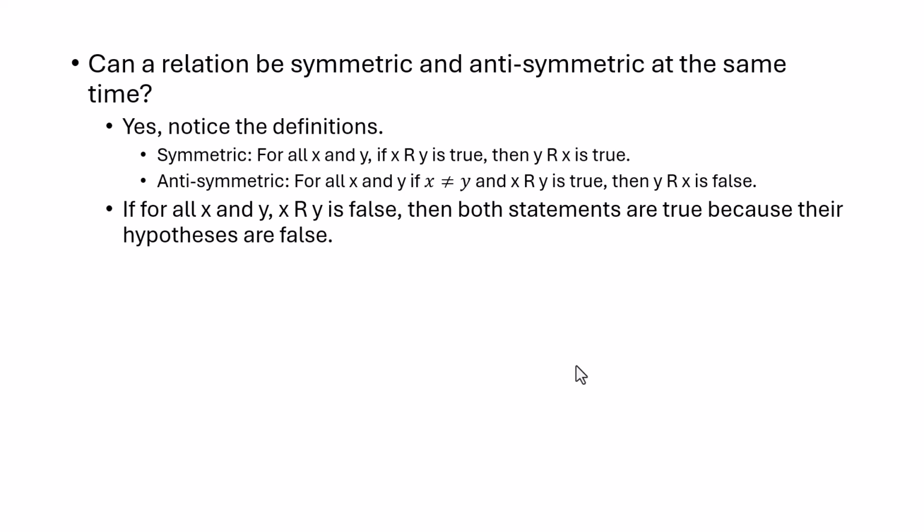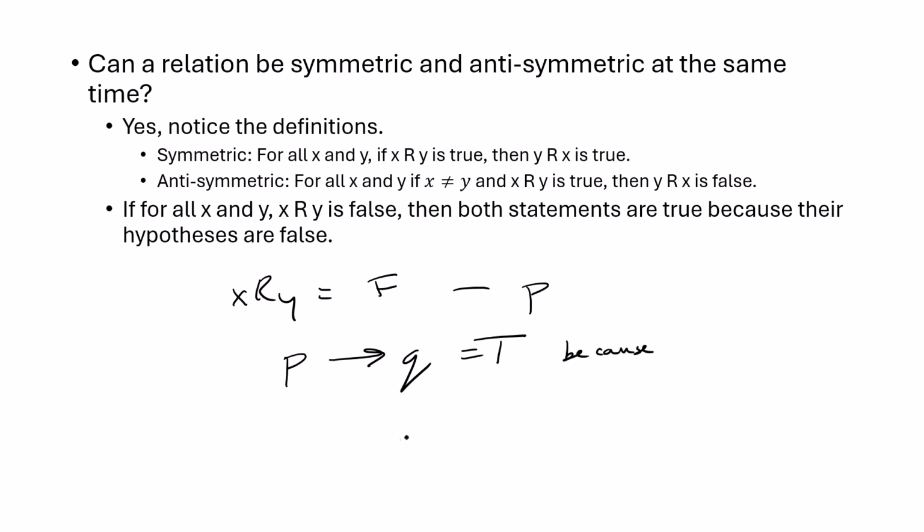Now, the thing here is that if xRy is false, then both of the conditionals will end up being true because their hypotheses are false. So if xRy always equals false, then a conditional, say P implies Q, always ends up equaling true, because whenever P is false, P implies Q equals true.